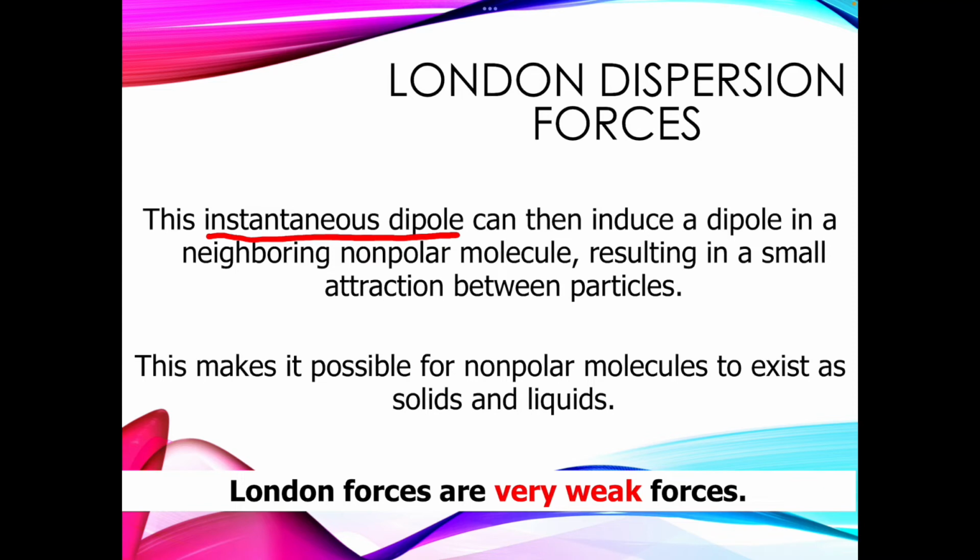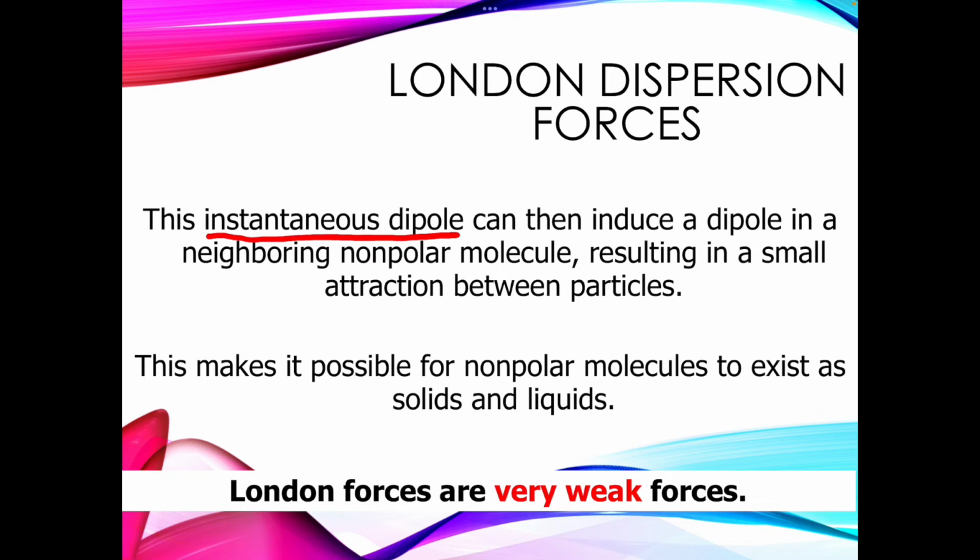One side becomes partial negative and one side partial positive, but just for a second, and then it goes back to being nonpolar. Then it happens again, and goes back to being nonpolar. That's the instantaneous dipole, and it's because the electrons are constantly in motion, zooming around the molecule.